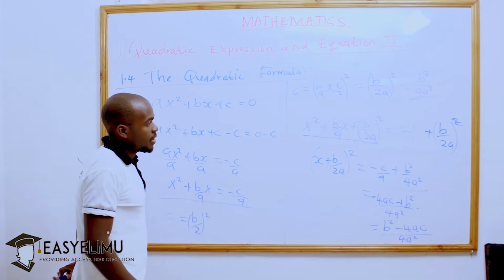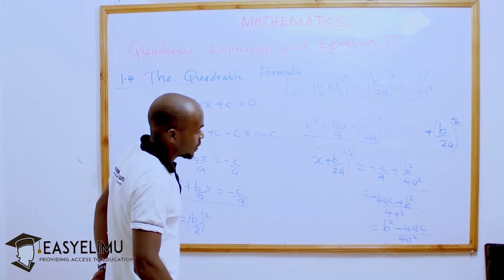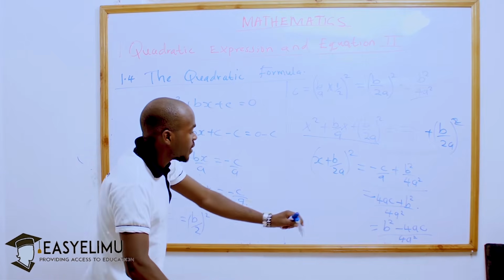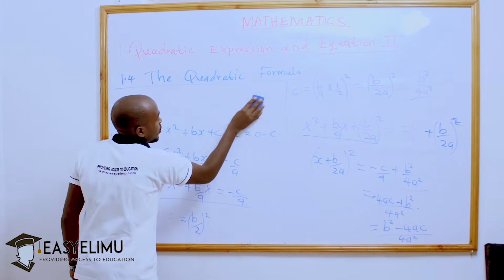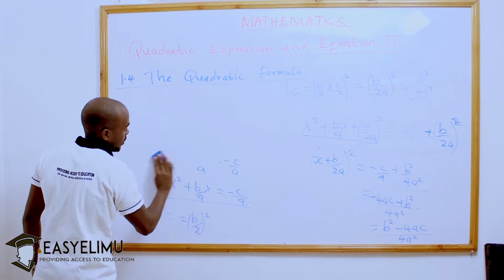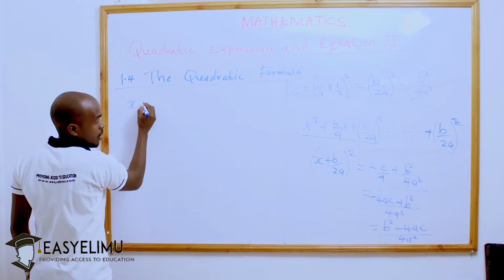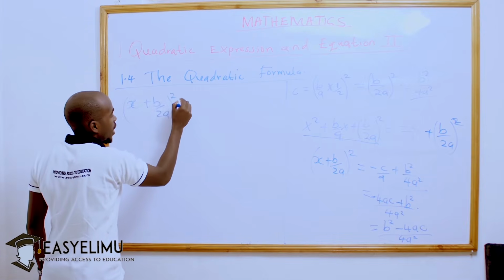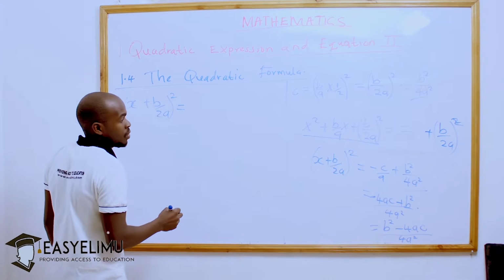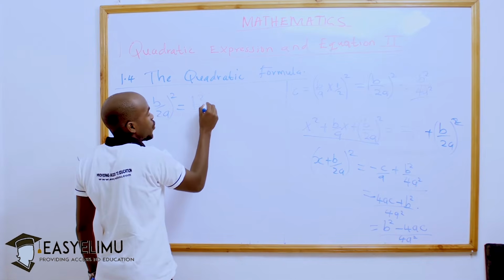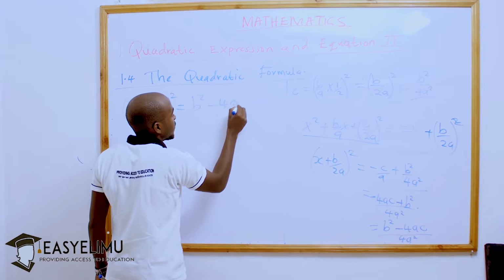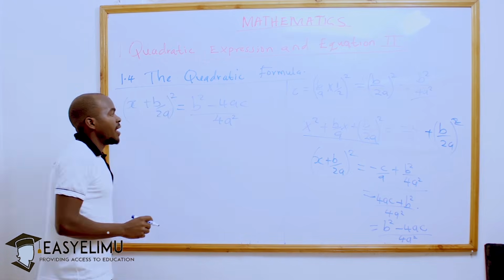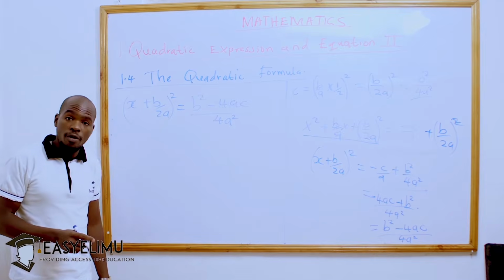Having that, we can say that what we have here is equal to that. So x plus b over 2a, squared, is equal to b squared minus 4ac over 4a squared. Now we need to find the value of x.